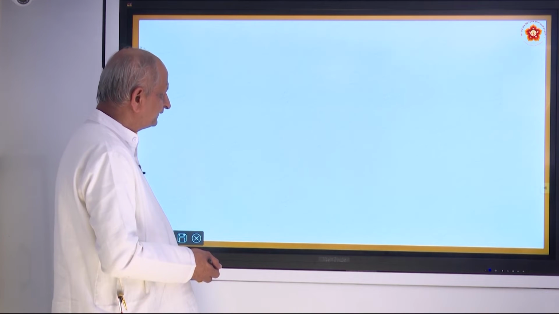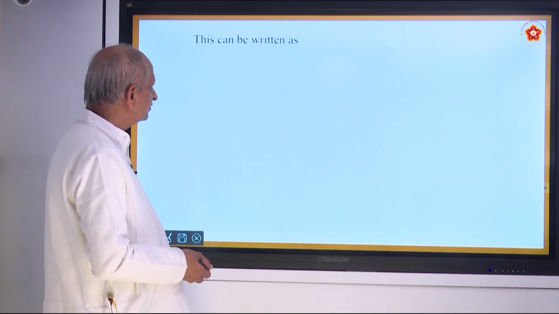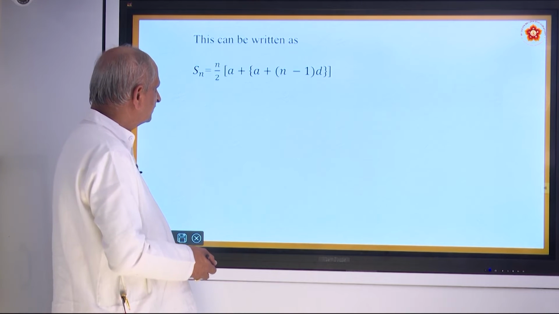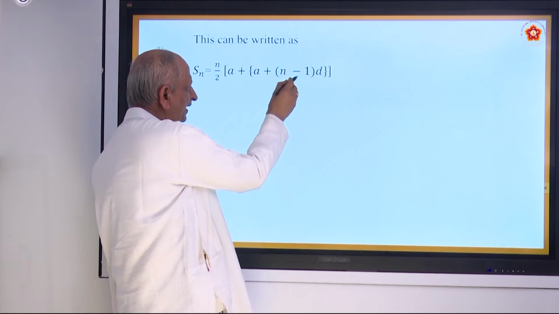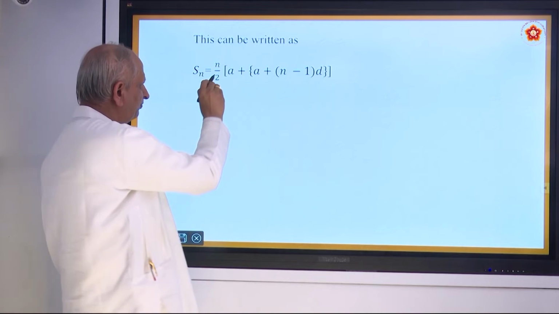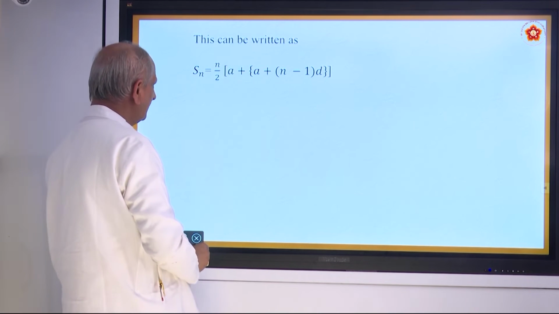How to do it? This can be written as n by 2 into a plus a plus n minus 1 into d, because we split 2a like this to make it simple.